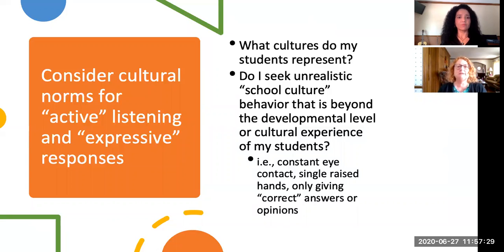So sometimes we don't want students to answer unless we know they're going to give the right answer, especially students who are difficult for us to understand. If a paraprofessional is not in the room and we don't understand what a child says all the time, we may not call on that child as often, and those are the kinds of things that can slow down their expressive language growth.